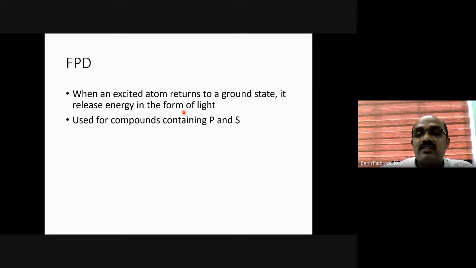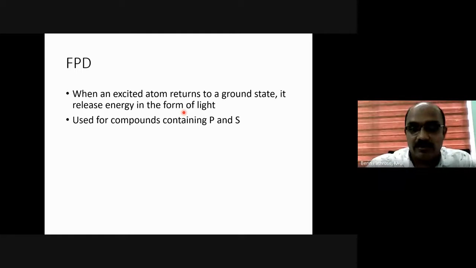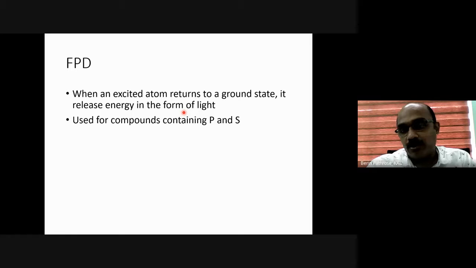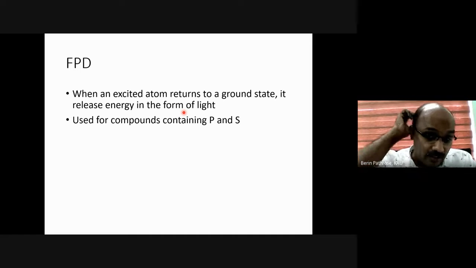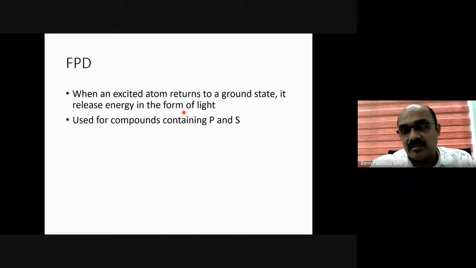Because of this, flame photometric detector is the detector which we normally use for detection of OP compounds, because every OP will have a phosphorus atom. So we use it for OP compounds. OP compounds also contain sulfur, as you might remember from the classification of OP: thiophosphate, dithiophosphate, phosphonate, phospholate, etc. So everything has a sulfur atom.